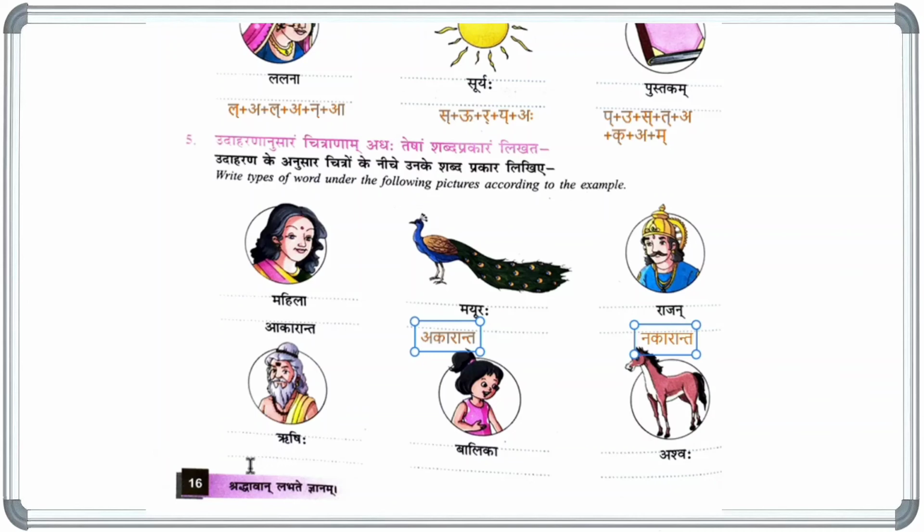And the next word is Rushihi. In this Rushihi, the ending swara is ihi. As we know, we do not consider the visarga while finding the shabda prakar. Correct? So we take only the last swara here. Ikaranta Shabda it is. Okay, and the next word, Balika. A is the last swara here.